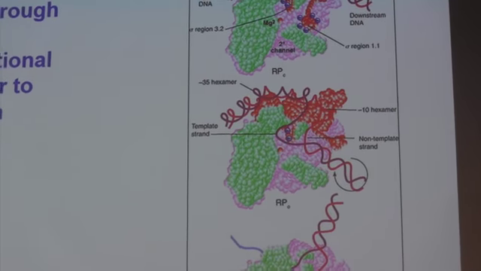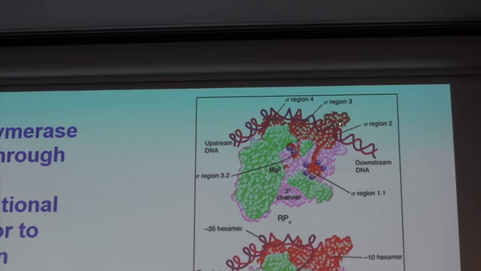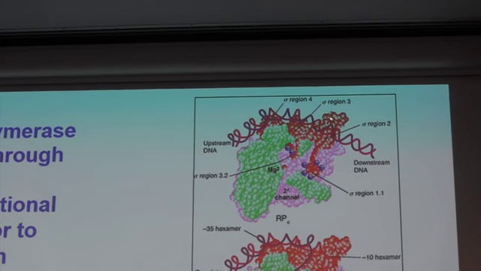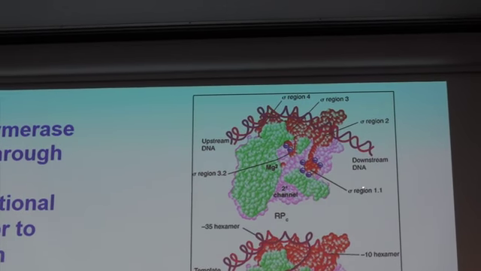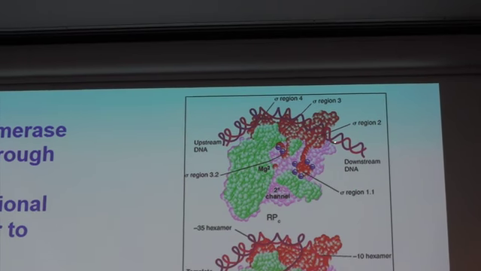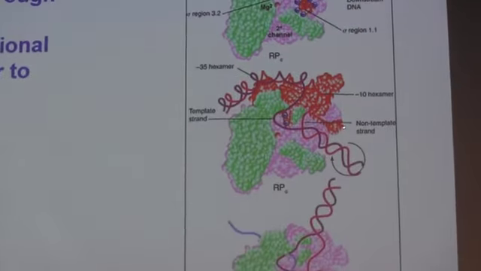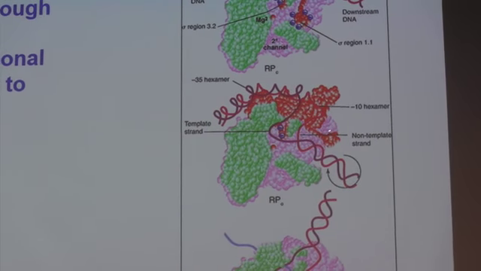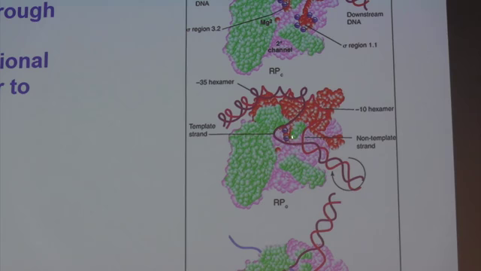So the first thing you see is the DNA makes contact with the sigma, but it's not in the main DNA channel at first, because domain 1.1 of sigma is in the channel. Then it flips over and enters the channel, and domain 1.1 swings out of the way, and notice how it is bent here.